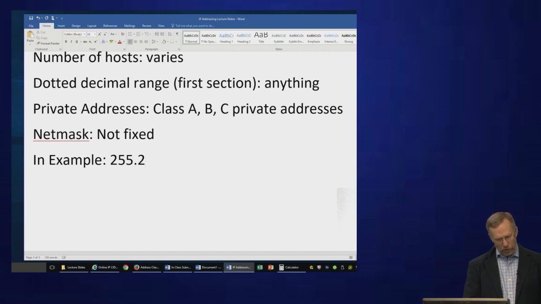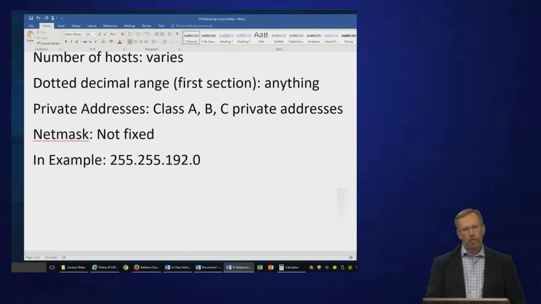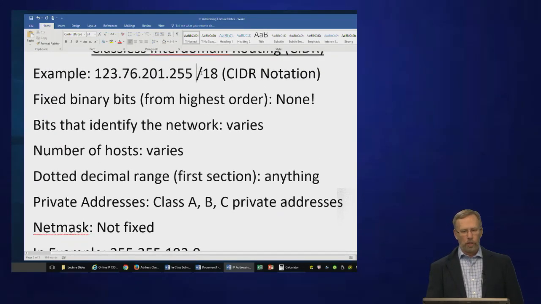The second section is going to be 255, that's another 8 bits, that's 16 bits. So I need 2 more bits. In the third section, the leftmost bit is 128, and the next one is 64, which means that this section, the dotted decimal, would be 192, and the last one would be 0. So we know what the net mask is based on this slash number here.